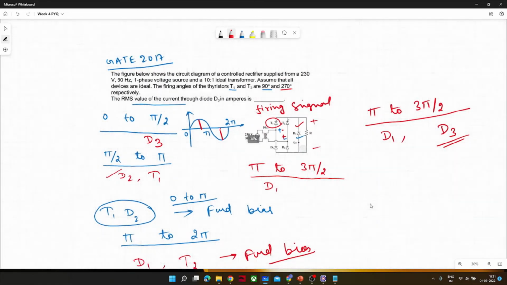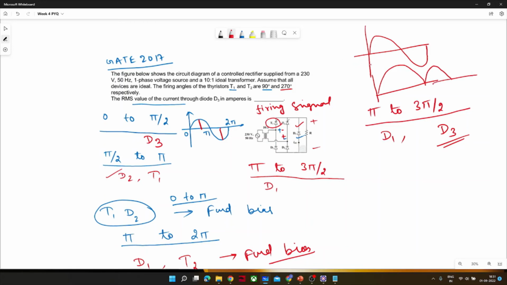I think it becomes more messy, but what I want to convey here is if the circuit is RL type, or RLE type with any energy, then this thyristor would continue to conduct after pi. T1 would continue to conduct after pi. But since it is a resistive load, it is a voltage-stiff type of load. So if the supply is this, then the voltage across the resistor would be like this.